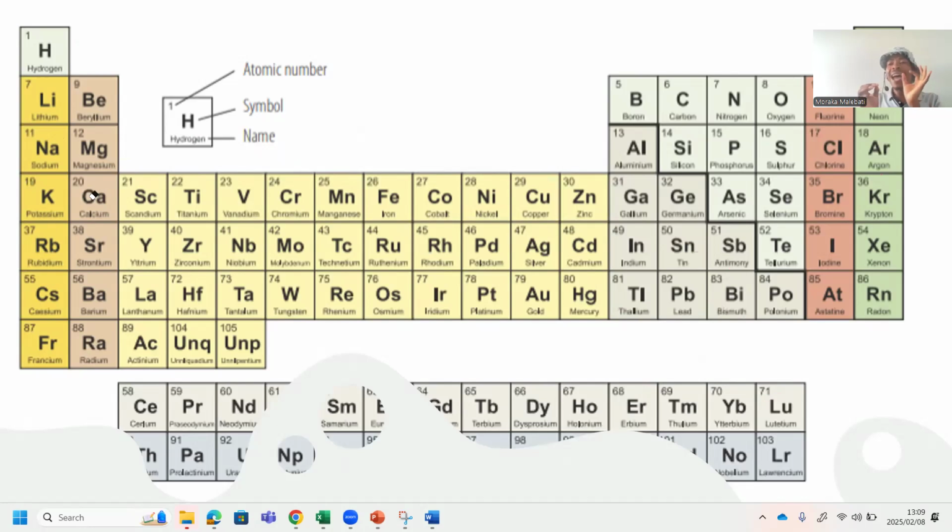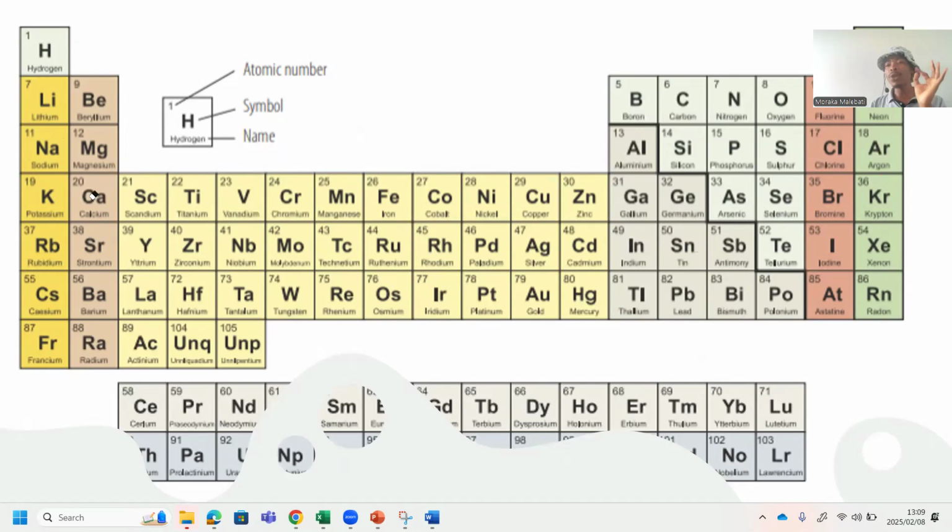So you are moving far away from the nucleus. Remember, atomic radius is the distance from the nucleus to the outer shell. The atomic radius increases because with each new period, a new electron shell is added, so the outermost electrons are further from the nucleus.